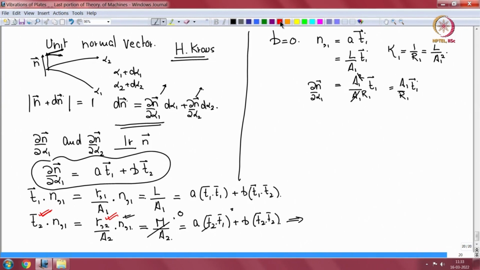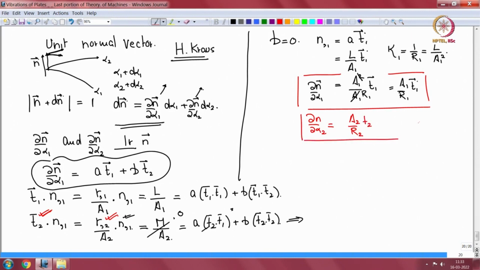Okay, so this is one formula we will use. Similarly, del n by del alpha 2 is equal to A2 by R2 into T2. This is also another formula we will use along the way. Okay, the occasion will come.